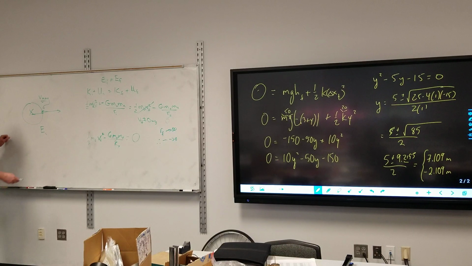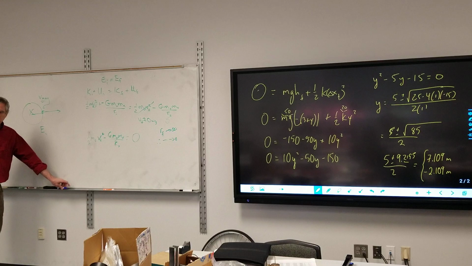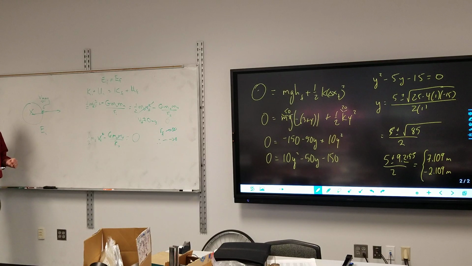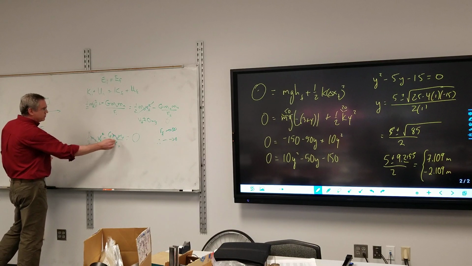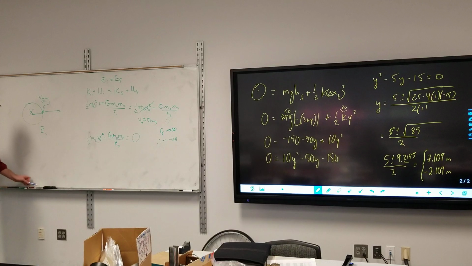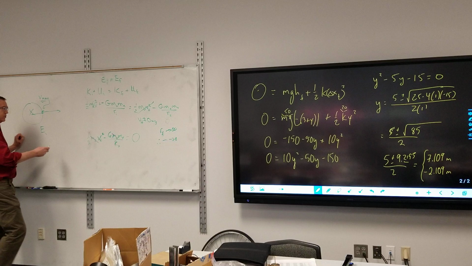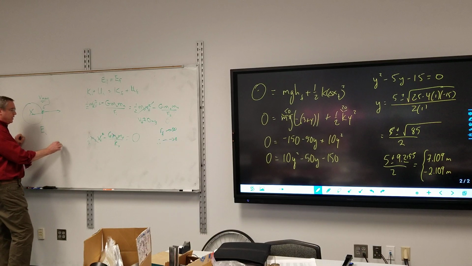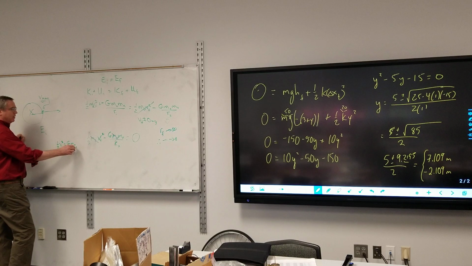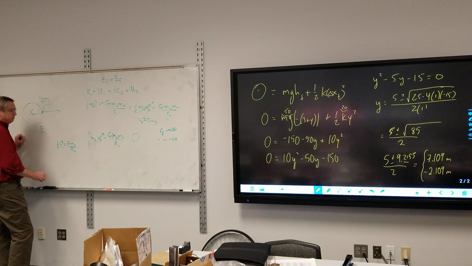So here's our formula right here. I can cancel one thing out at this point, because I do have a common factor in every term. The mass of the object is irrelevant once it's launched. It makes a difference to launch it, but it doesn't make a difference once it is launched. So I'm left with one half v initial squared is equal to big G, mass of the planet, over the radius of the planet.